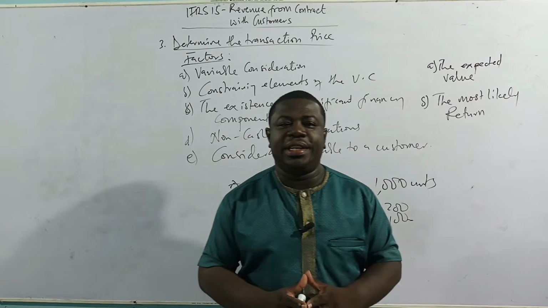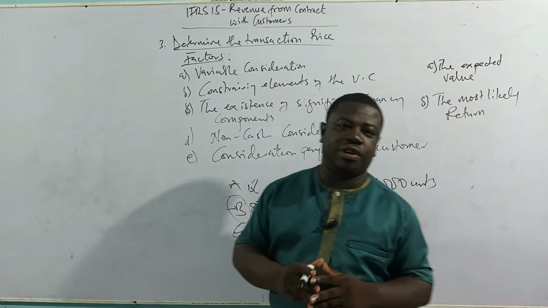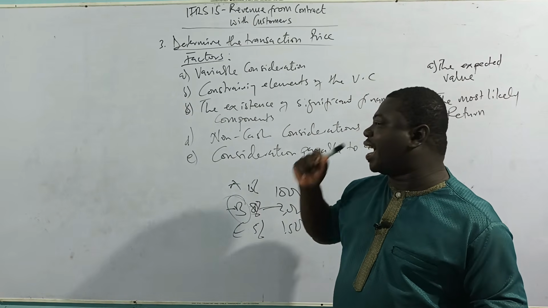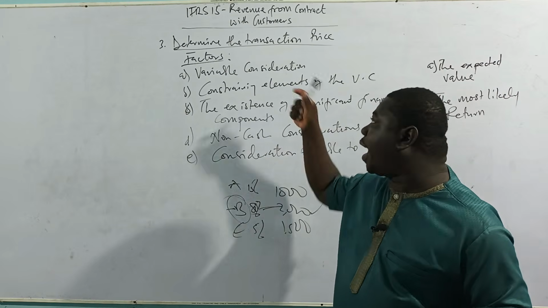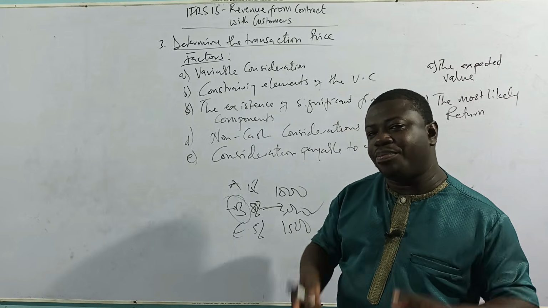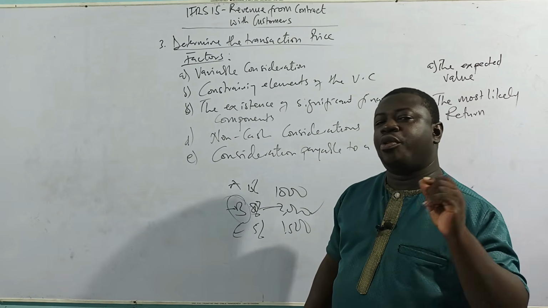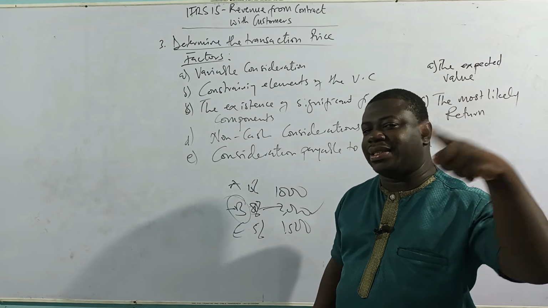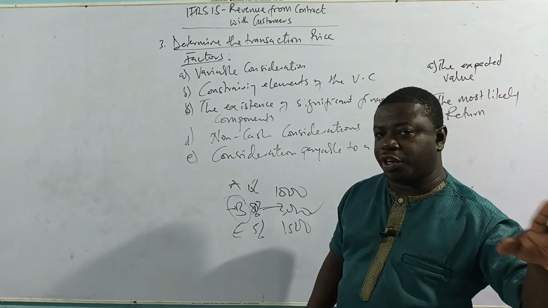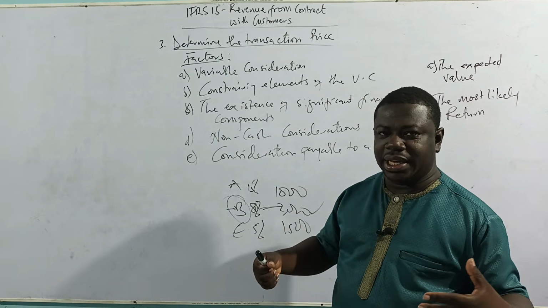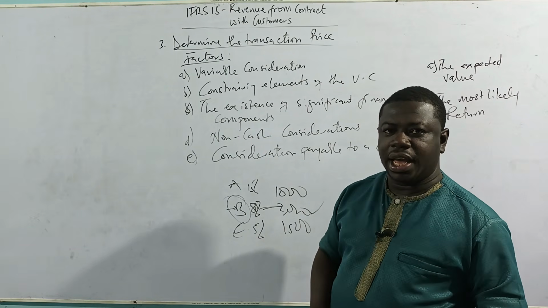In determining the transaction price of the contract, the entity shall adjust the price for the time value of money, provided that the timing of the payment of the consideration gives any of the parties a significant financing option.